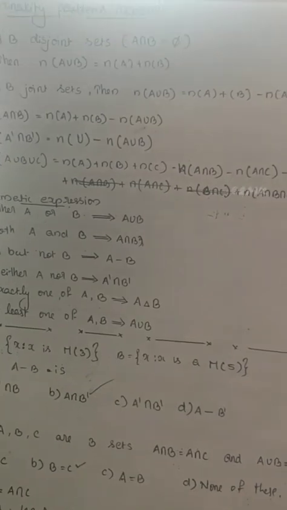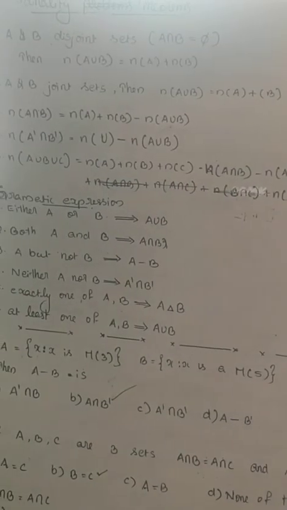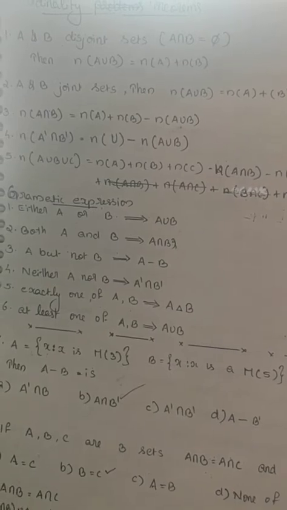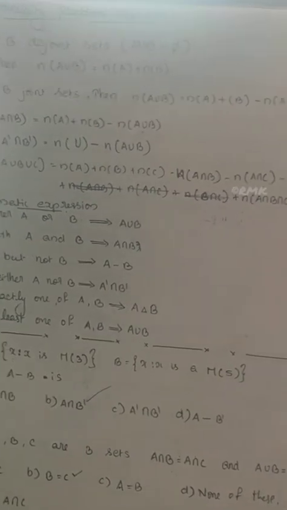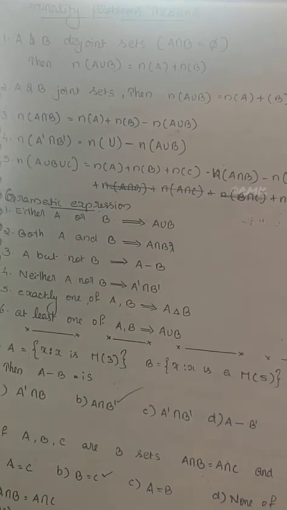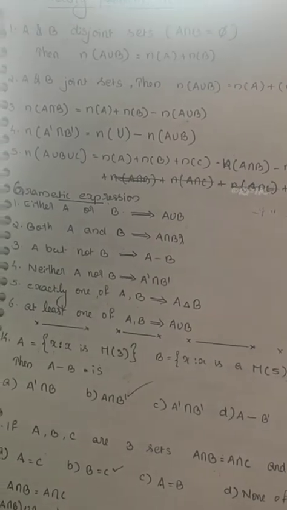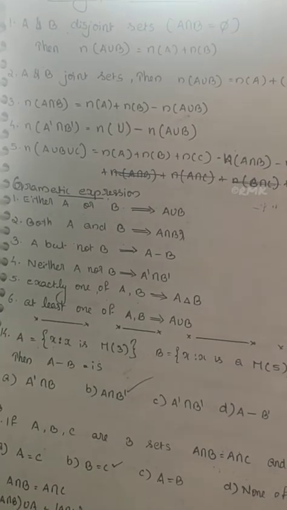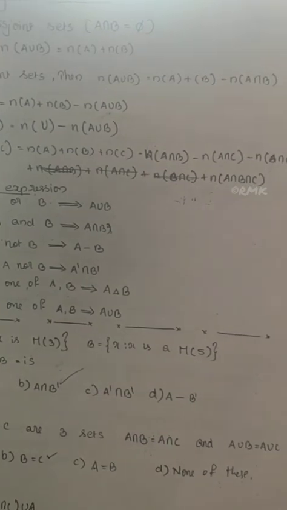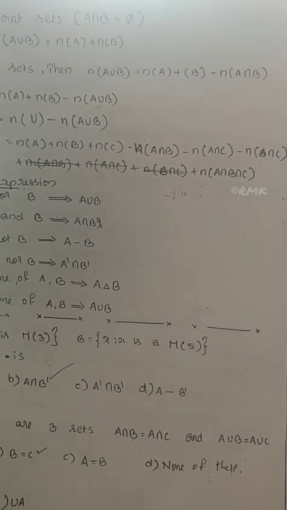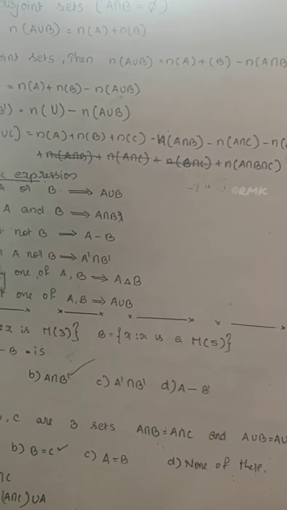Then n of A union B is equal to n of A plus n of B minus n of A intersection B. Third one: n of A intersection B, from the second result, is n of A plus n of B minus n of A union B. Fourth one: n of A complement intersection B complement is n of U minus n of A union B. Extension of the second: n of A union B union C is equal to n of A plus n of B plus n of C minus n of A intersection B minus n of A intersection C minus n of B intersection C plus n of A intersection B intersection C.